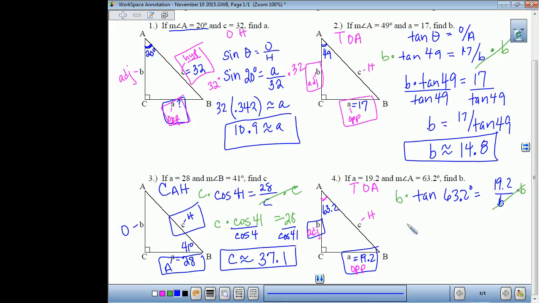So now we have B times tangent of 63.2 is equal to 19.2. And then we divide by tangent of 63.2. So we punch in on our calculators 19.2 divided by tangent of 63.2. And that gives us approximately, B is approximately 9.7.